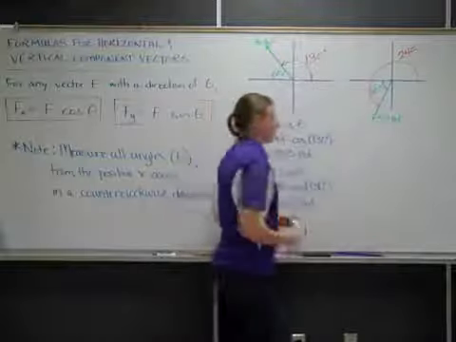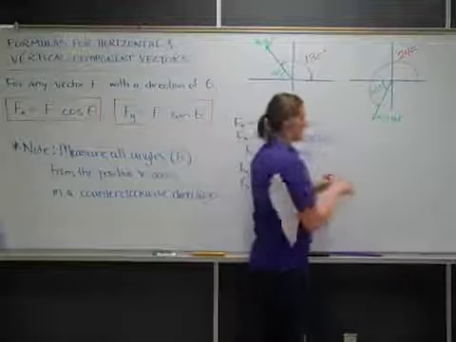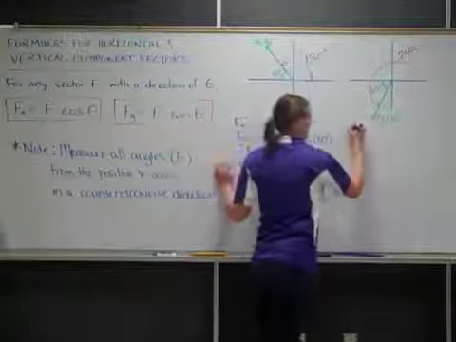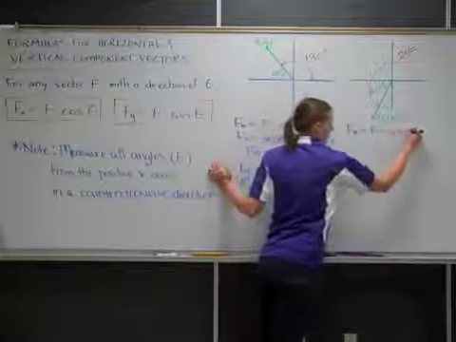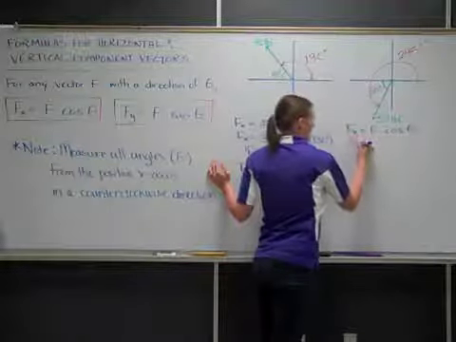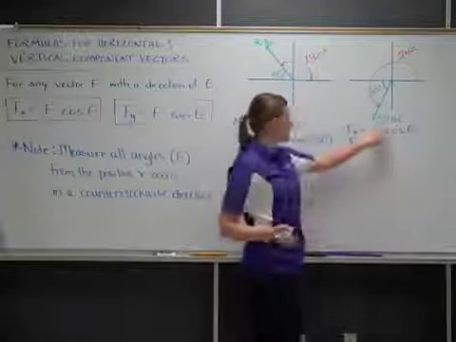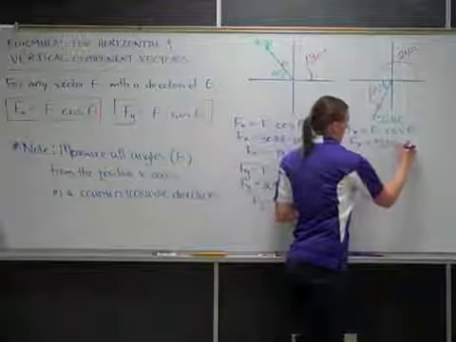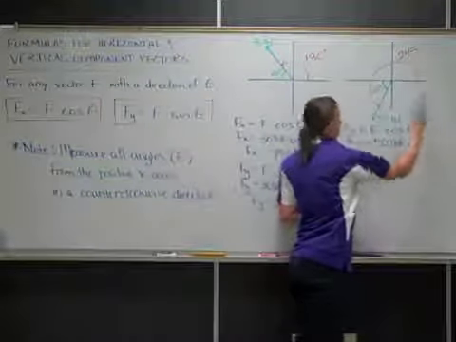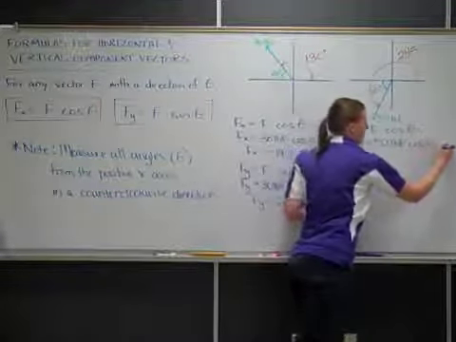That's the value I'm going to use for theta. So the force in the x direction equals the magnitude of the force, 52, times the cosine of 245.